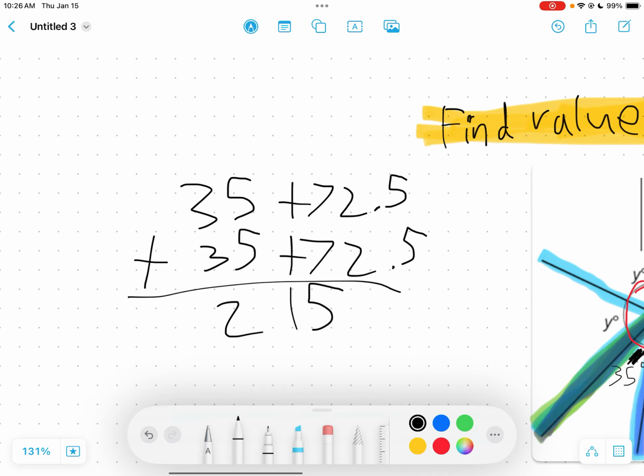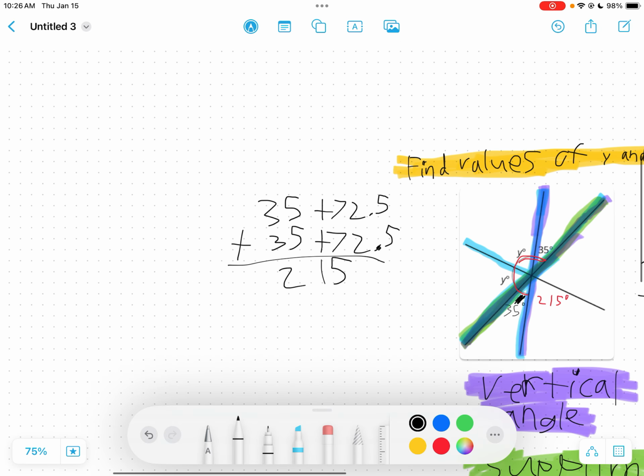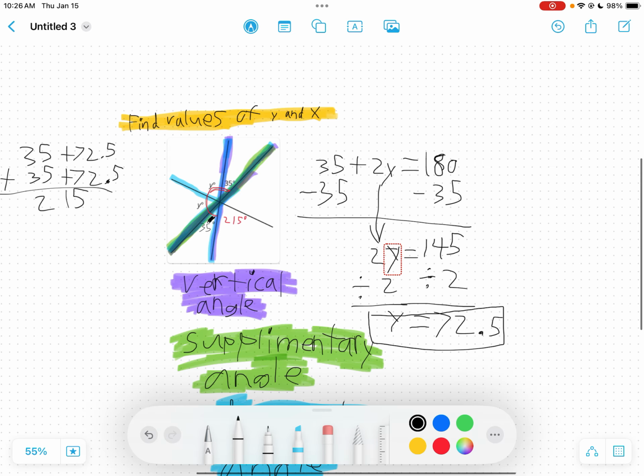That's a weird way to add these numbers, but it was to save room. 215 is the real estimate of the total angle, and the exact one is shown on the diagram.